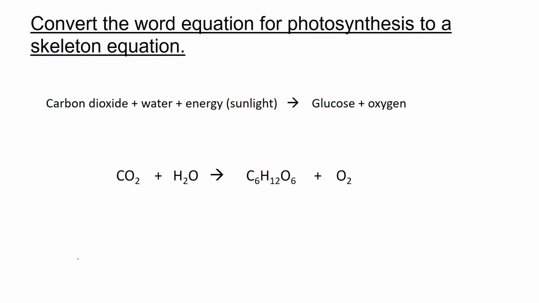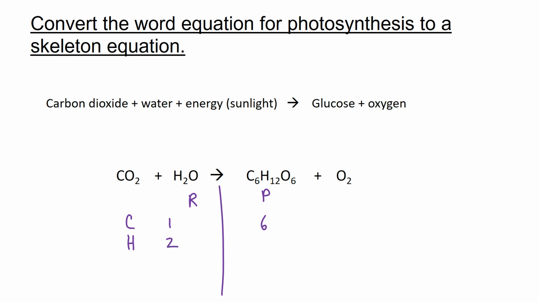How many carbons do I have on my reactant side right now? Just 1. On my product side, how many carbons do I have? 6. So that's out of balance. We recognize that being out of balance. How many hydrogens do I have on my reactant side? 2.